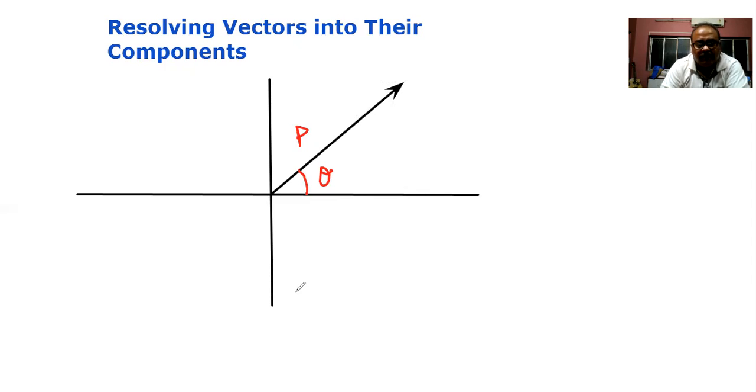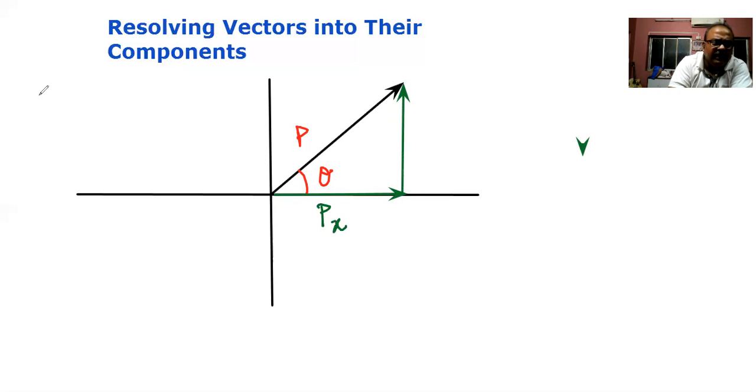other along the y-axis. So if I just take the component along x-axis, what do you mean by component? Component means basically the effect. So if I take the effect along x-axis, another effect along y-axis like this. So let me name it as px.